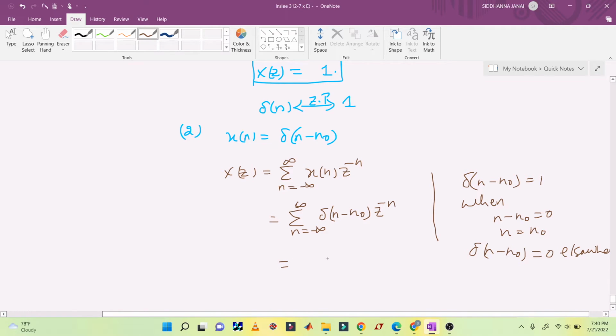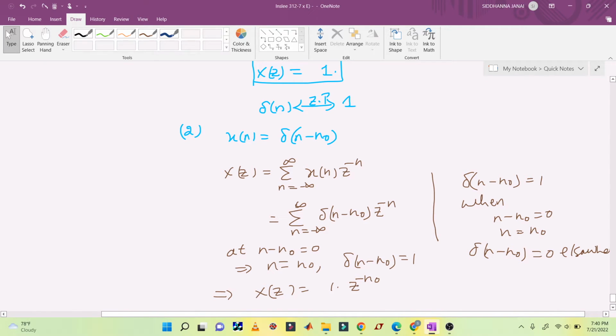Because of this, I can substitute n minus n naught is equal to 0. This implies n is equal to n naught. Delta of n minus n naught is equal to 1. This implies x of z is equal to 1 into z to the power minus n naught.